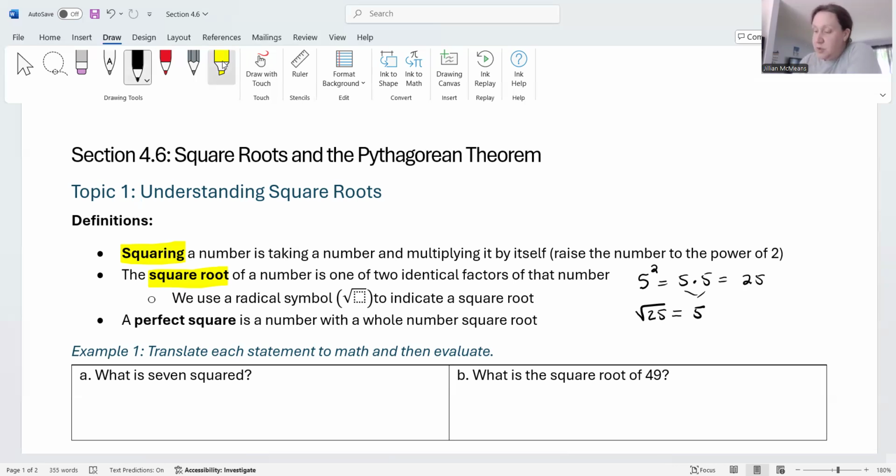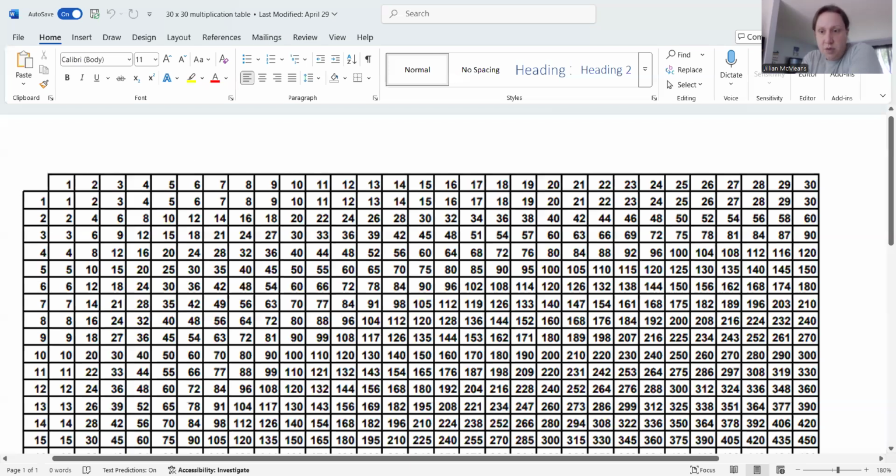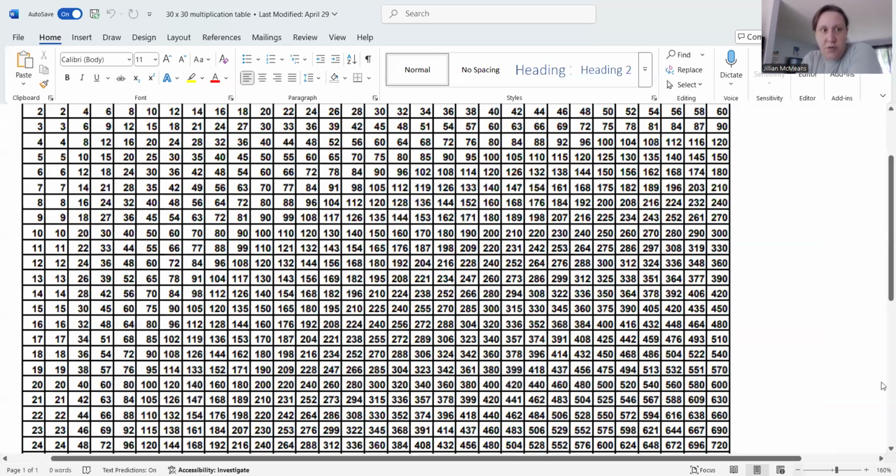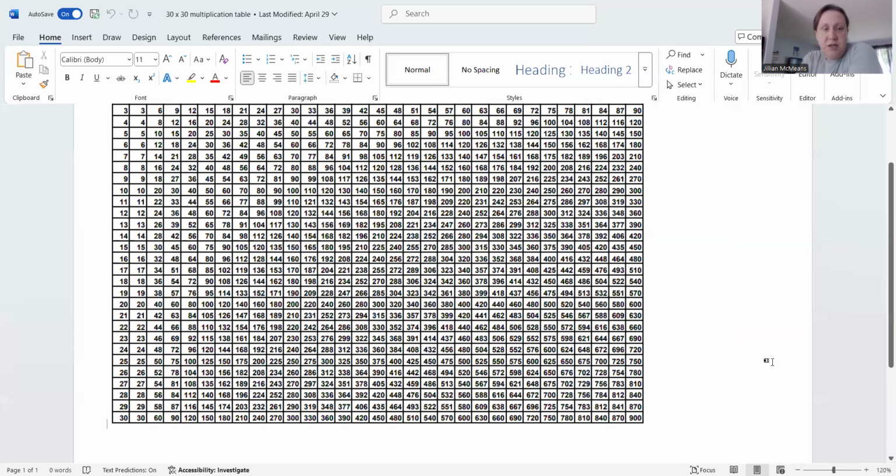Now, a perfect square is a number that has a nice, pretty whole number square root. We looked at the multiplication table at one point. So if you have a multiplication table like this, let me shrink it a little bit so you can see the whole thing. This is your multiplication table.